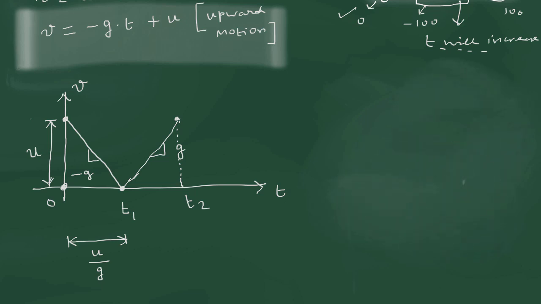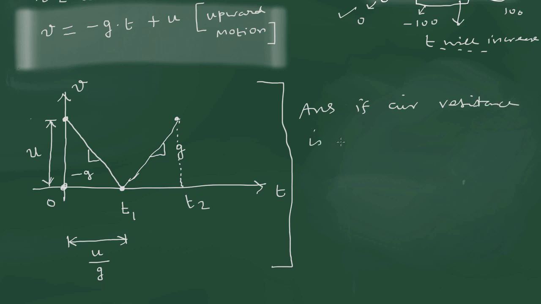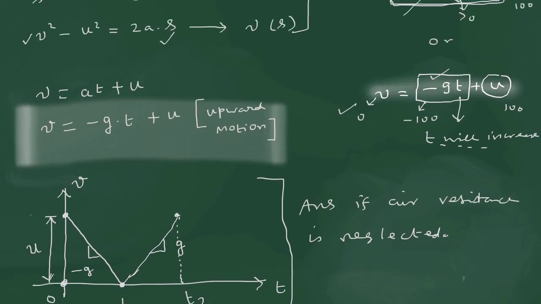The question tells you that this graph, let me make the conclusion. This is the answer if air resistance is neglected. So this is the point to be noted. All these equations that you write, where are the equations that you have written?